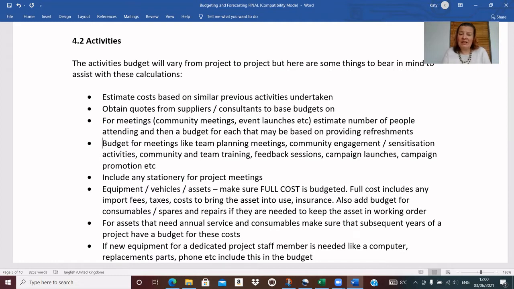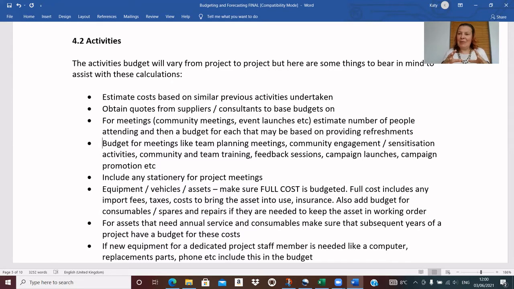For equipment, vehicles and assets, again, make sure the full cost is budgeted, and the full cost includes import fees if you have them, and taxes. You can also eligibly charge any costs to bring the asset into use. So if you need to transport it, or buy fuel to check it's working, or buy any consumables, you need to insure the asset.